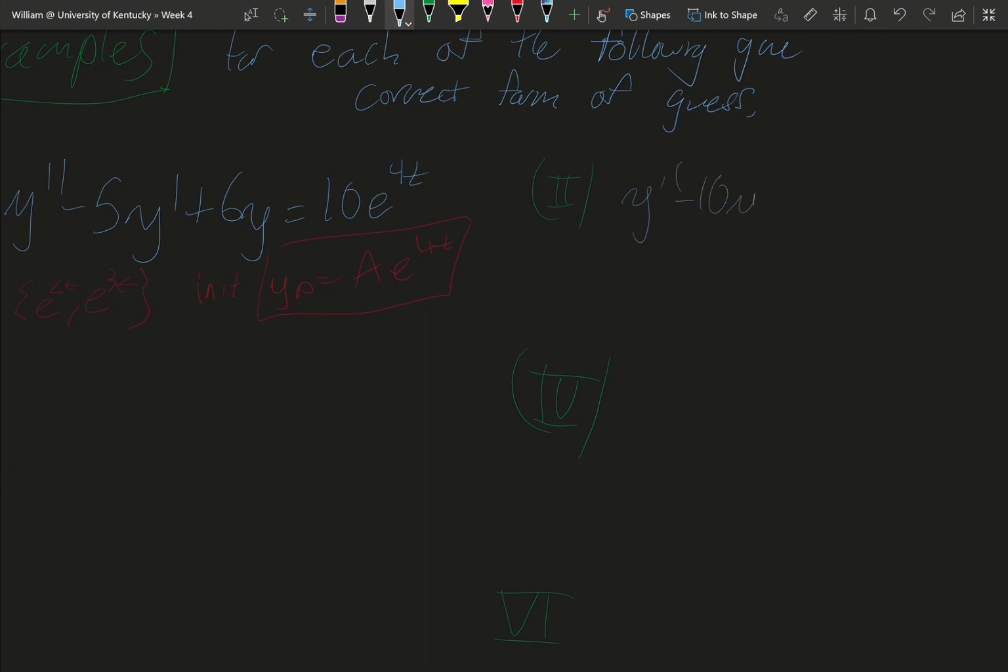Continuing, we could have something like this. So here, our fundamental set of solutions, you're going to have a double root of 5, so e to the 5t and t e to the 5t.